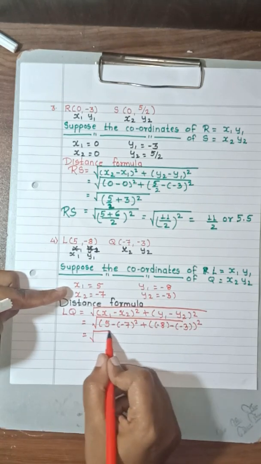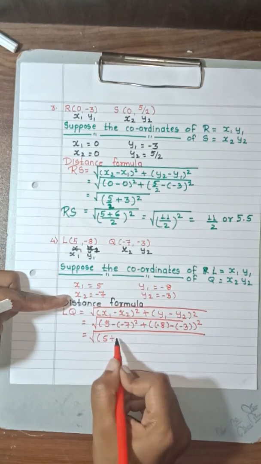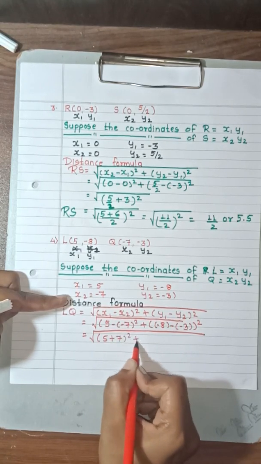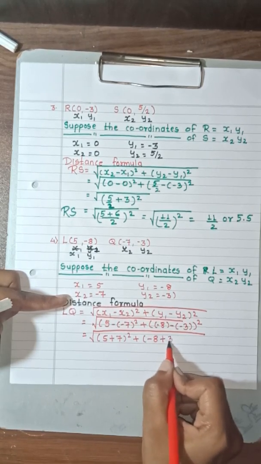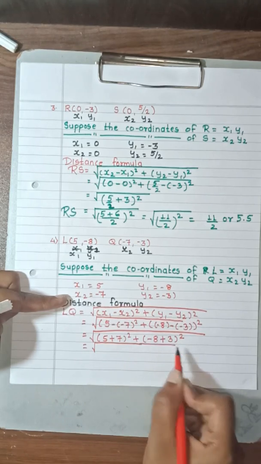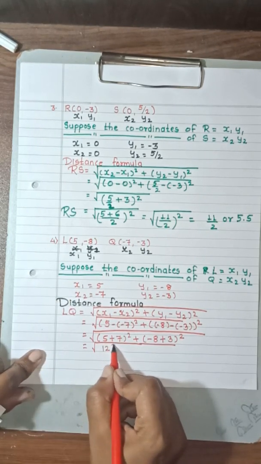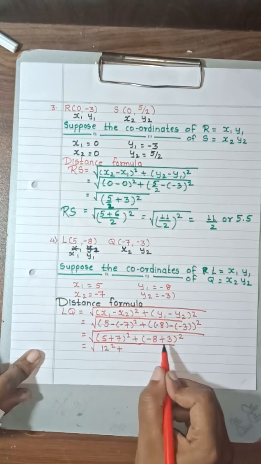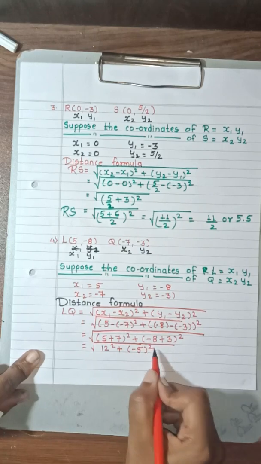Okay, therefore here you will have (5 minus will become plus 7) bracket square plus (minus 8 minus will become plus 3) bracket square. So that will be under root of 5 plus 7 is 12, 12 square plus minus 8 plus 3 will be minus 5 bracket square.